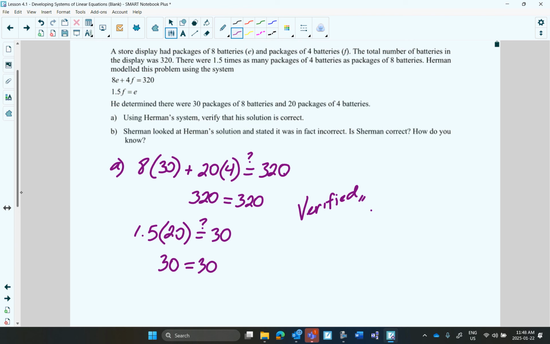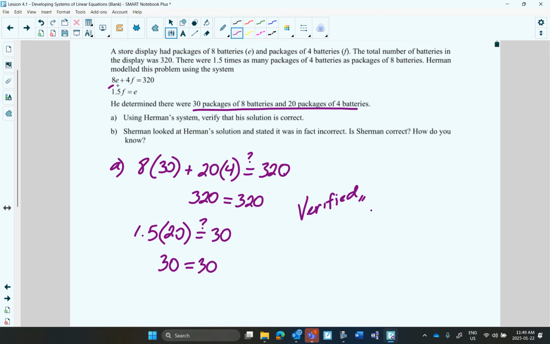Okay? So there's more 4 battery packages than 8s, right? Yeah, look at Herman's solution. We got more 8s than 4s. Which is wrong. This can't be. So where was the mistake?